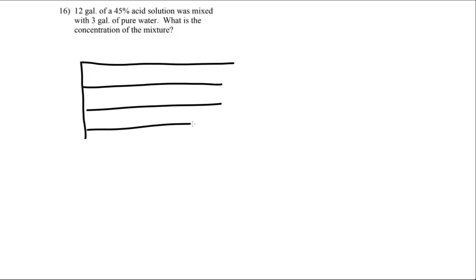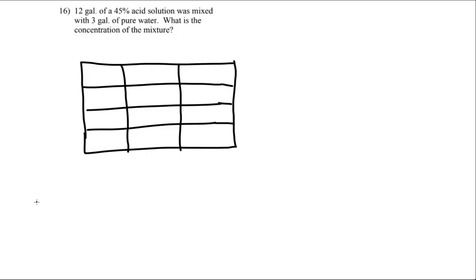Because what I know is that the volume of something times the percentage is going to equal what I'll call pure. What is the 100% of whatever it is? So it's like pure acid or whatever.